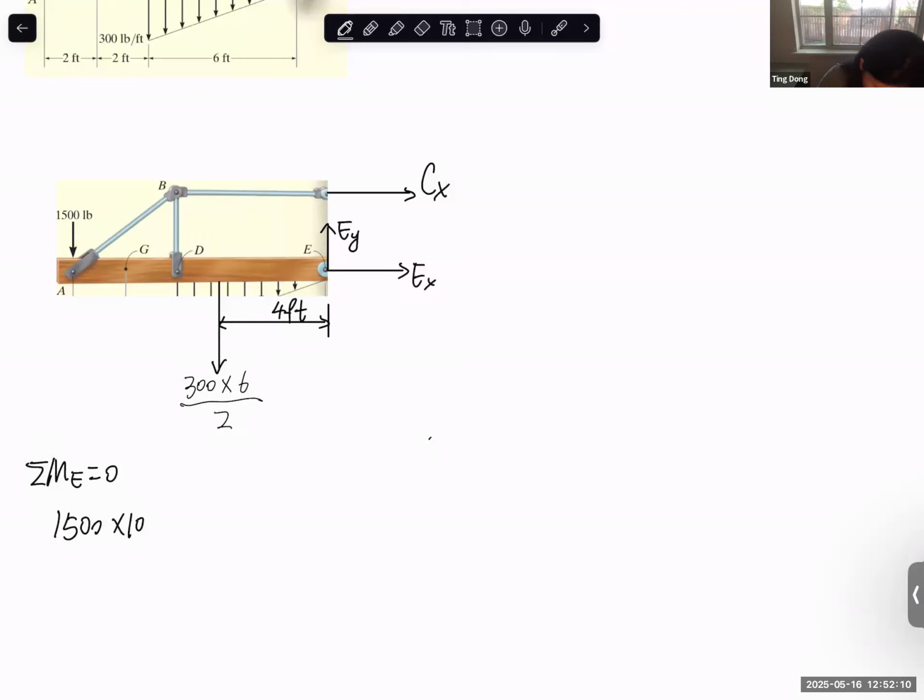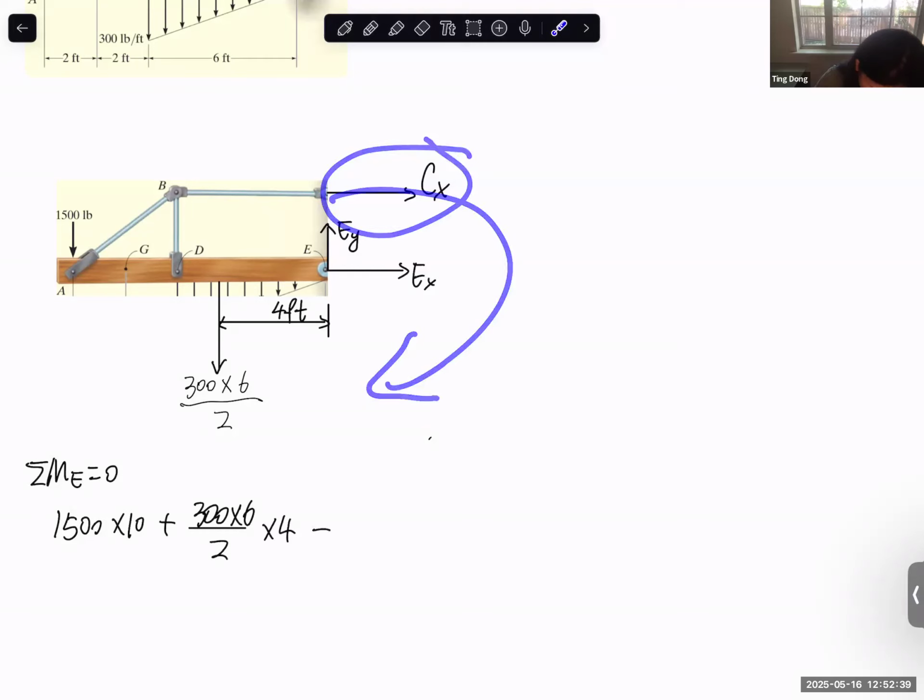And then we have this equivalent concentrated force also generate a counterclockwise moment about point E. This is the magnitude of the equivalent concentrated force. And the moment arm is 4. And of course, we have one more. This one will generate a clockwise, so it's negative.